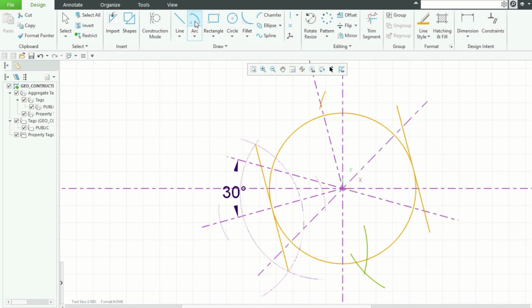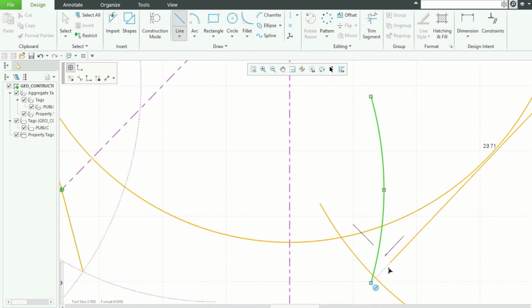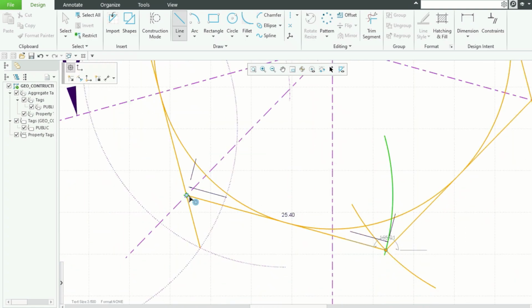All right, let's check once again from here. Now let's draw the lines from this to this intersection, from this to this intersection, from this to this intersection, from this intersection to this one.